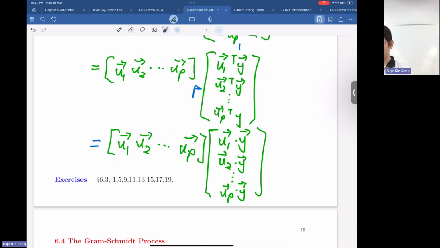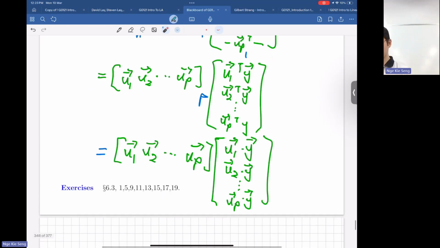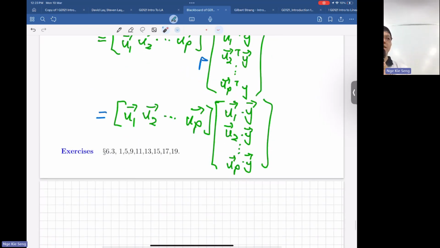Then what? Recall back two weeks ago, how did we define matrix vector multiplication? This is just a single vector, a p times 1 vector. Can you go back to the first time we defined matrix vector? What are these entries doing?